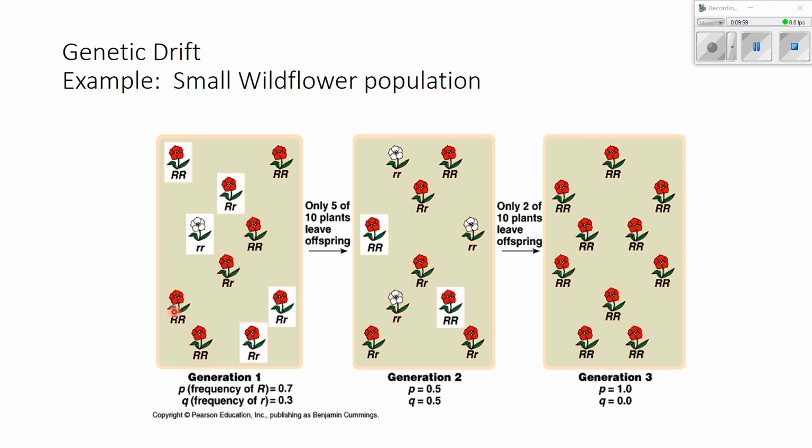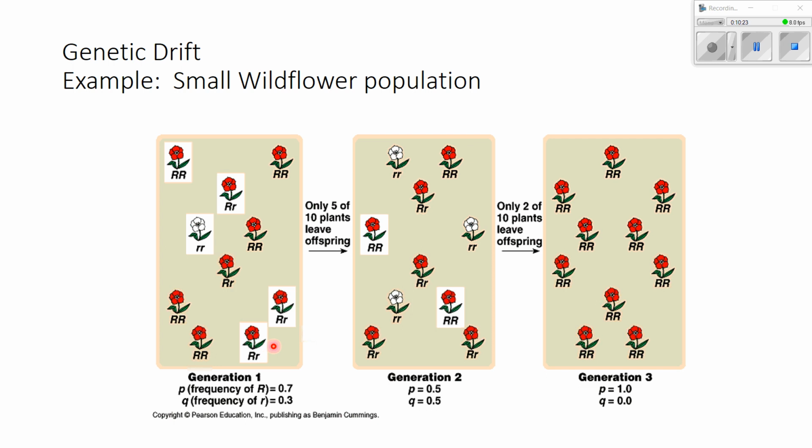So it's not about natural selection favoring a certain color, like the red surviving better than the white or vice versa. This is just random chance. Let's say that only 5 of the 10 plants are able to survive long enough to release their pollen and mate.